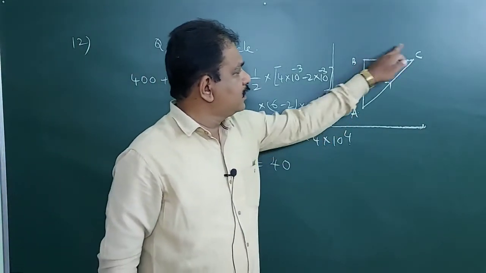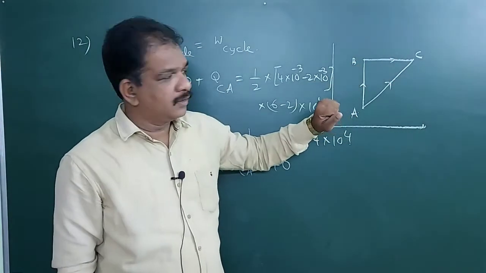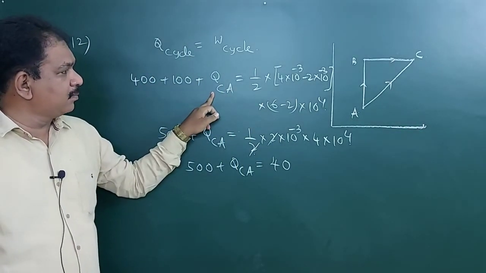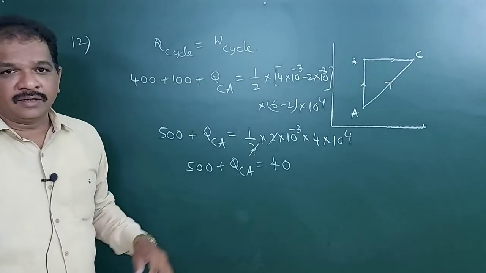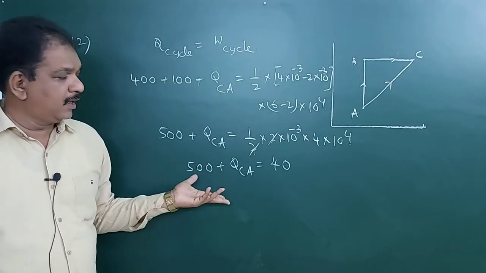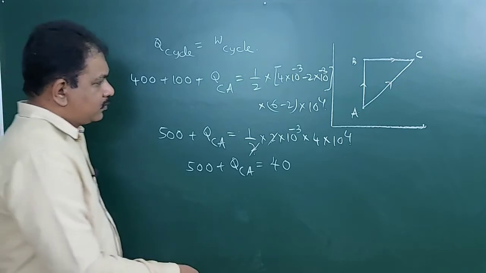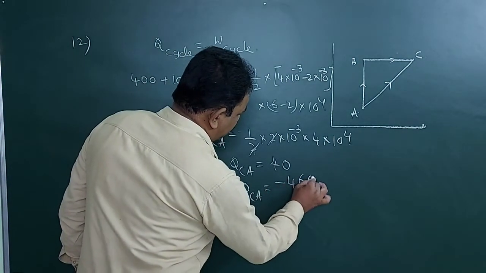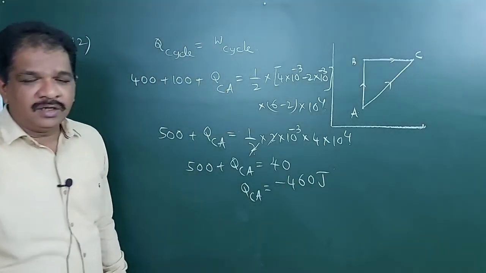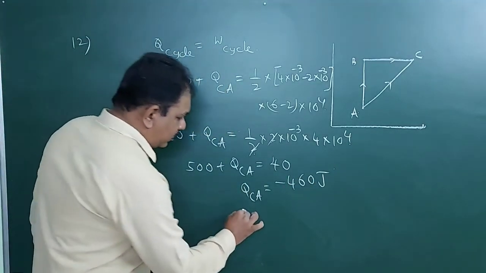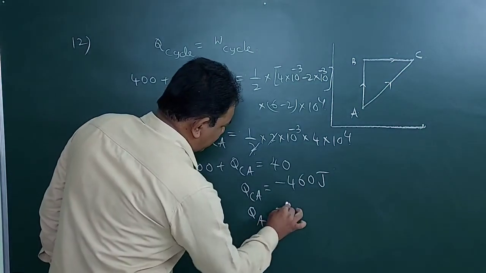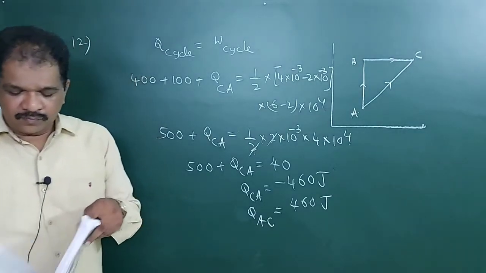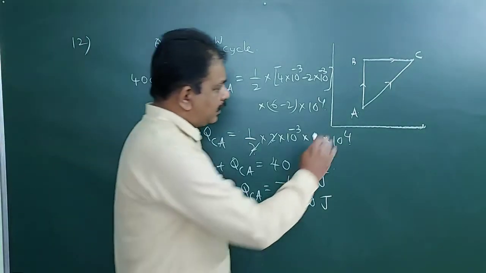If you take this is a closed process, then in that closed process total heat supplied is equal to work done, because change in the internal energy is 0. So QCA how much we will get means 460 joules, but we need A to C. So Q A to C value will be 460 joules. Okay, this is not there actually.